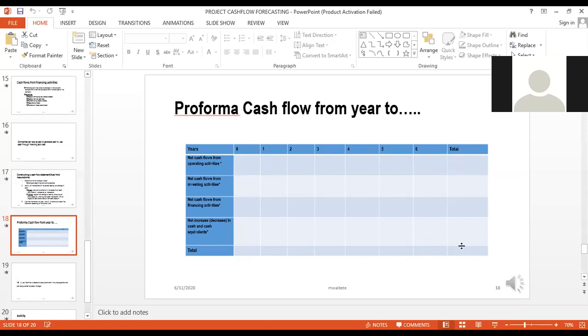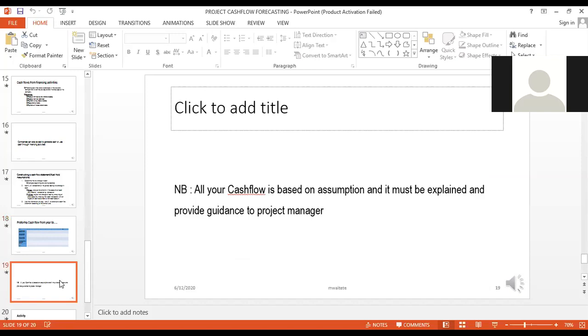When we have the total and the annual figures, it will help us write a very good executive summary. An executive summary that has no numbers is not good in terms of convincing the sponsor whether to give you funding or not.